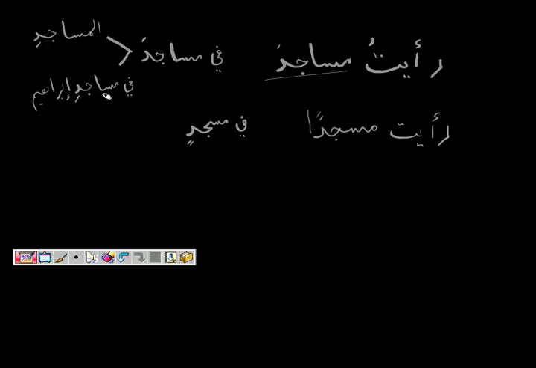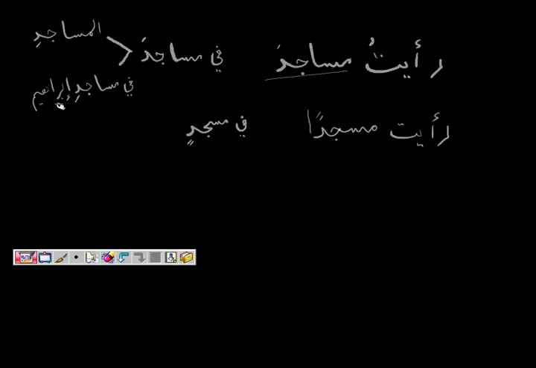Fi means that masajid is majroor, and if that's where the sentence ended, we would have said fi masajida. But because masajid is mudaf to Ibrahim, it will take a kasra, and we will say fi masajidi Ibrahim.